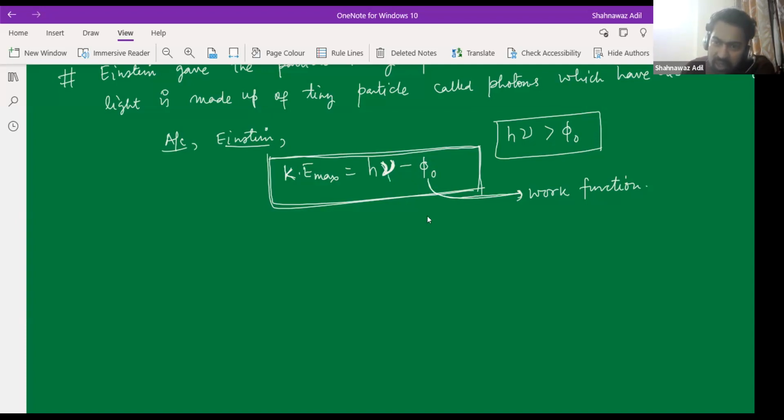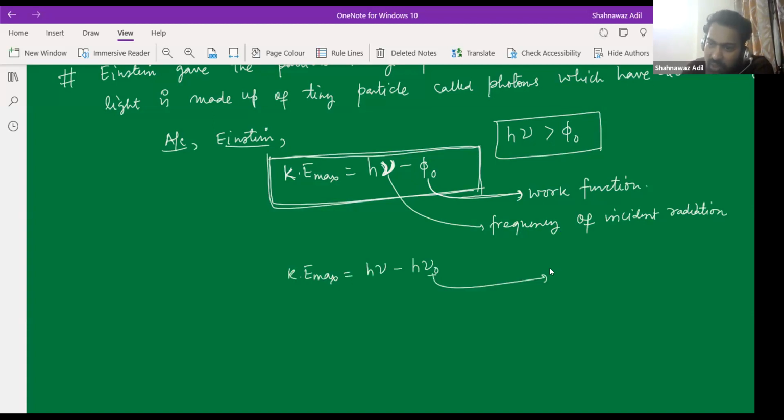And this nu is the frequency of incident radiation. We can also write this kinetic energy as h nu minus h nu naught, where nu naught is the threshold frequency.